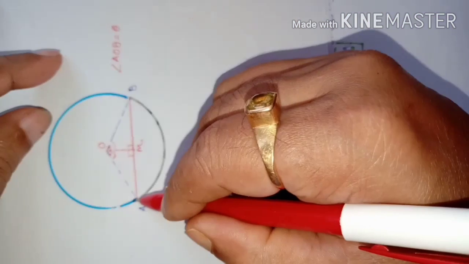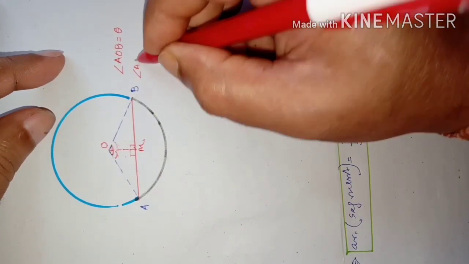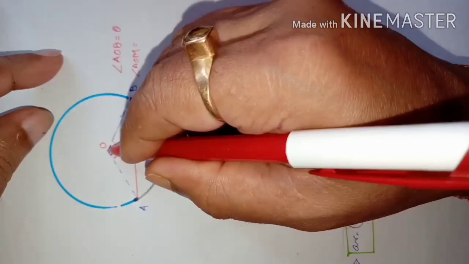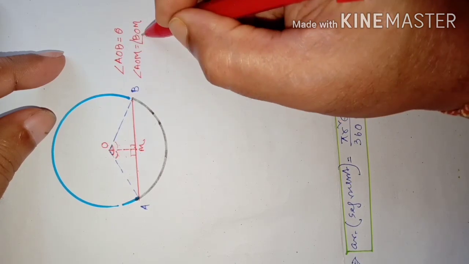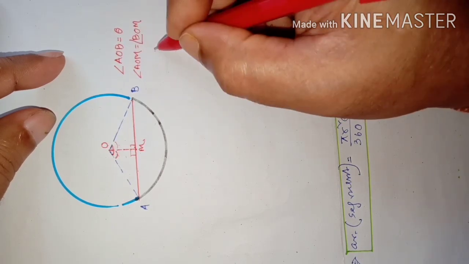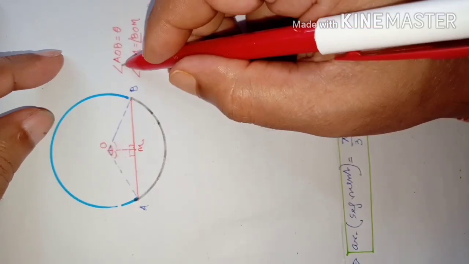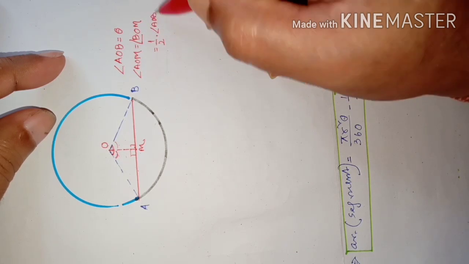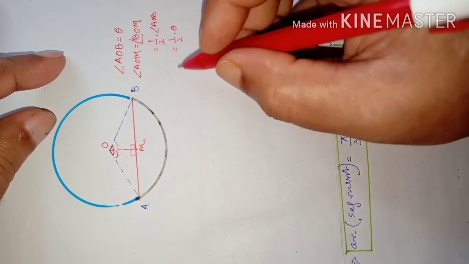That means angle AOM will be equal to angle BOM. And both will be half of angle theta, means half of AOB. That is angle AOM.